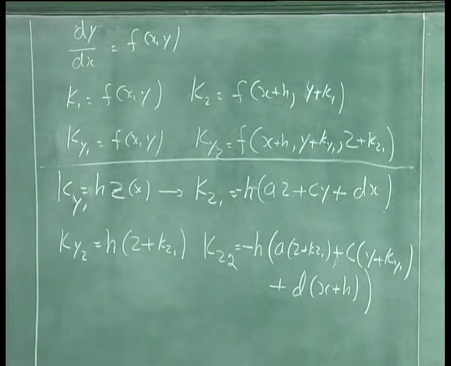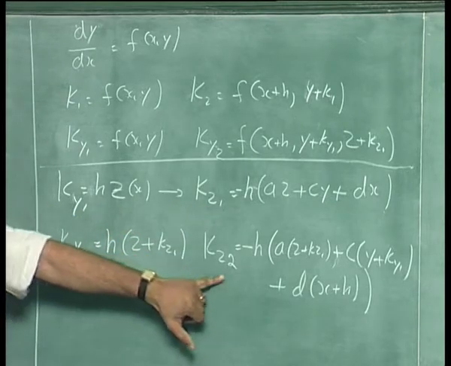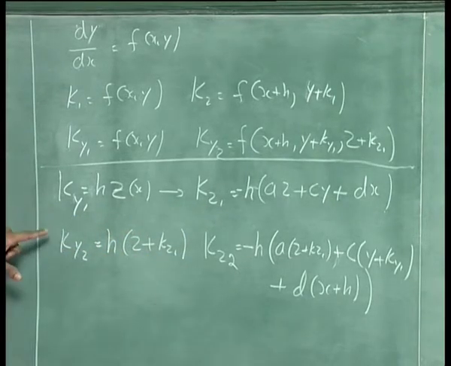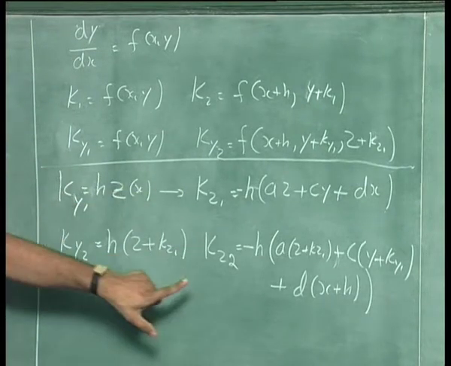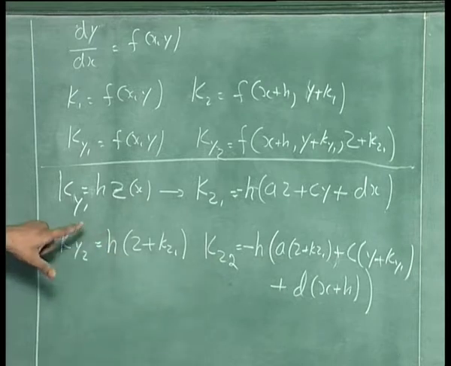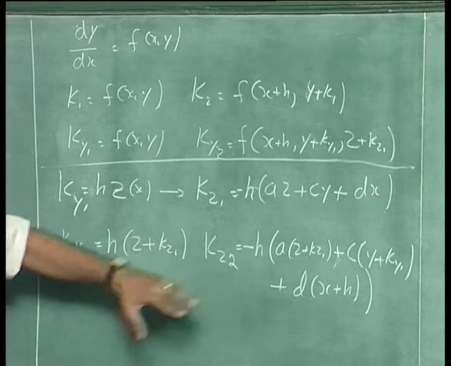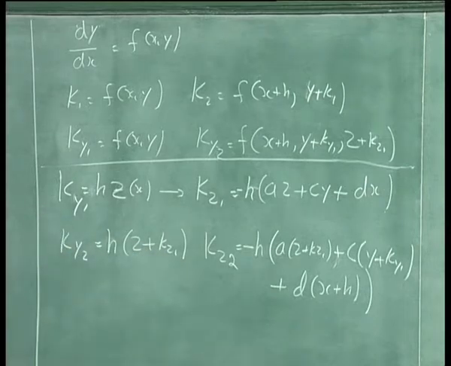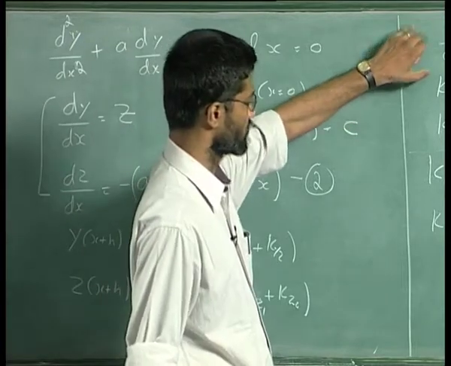That is our kz2. Now we have ky1, kz1, ky2 and kz2. Remember that before we compute ky2 we have to compute kz1, and before we compute kz2 we need ky1. So we always do one level and then go to the next level when you split the equations into many first order equations.